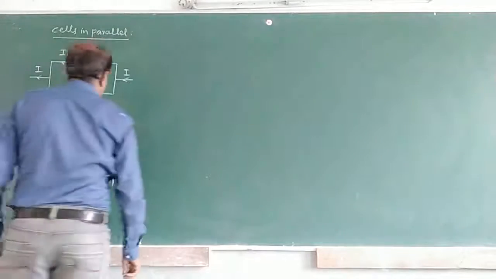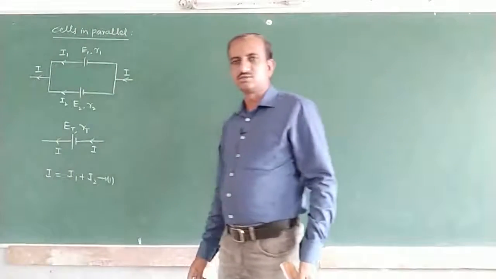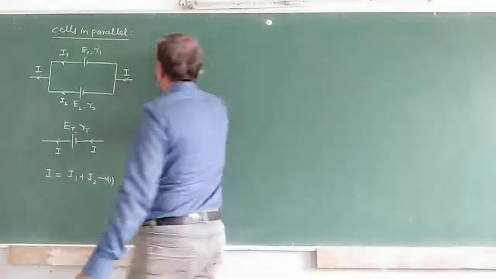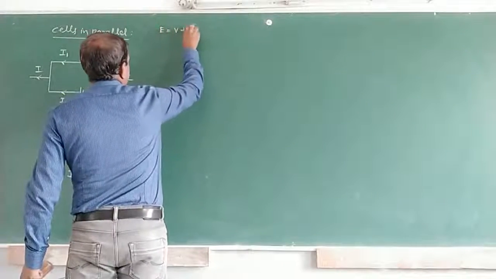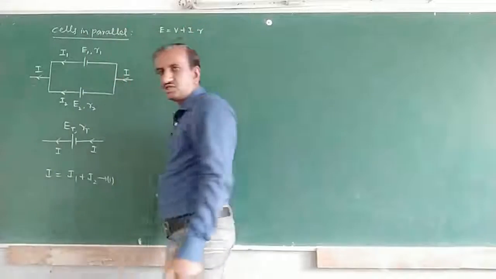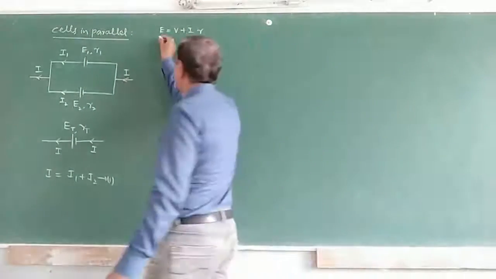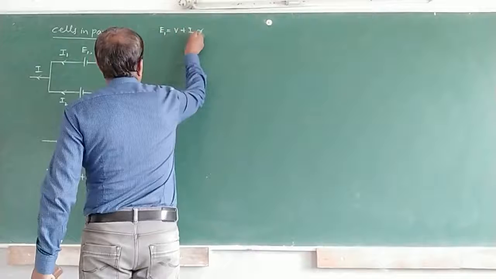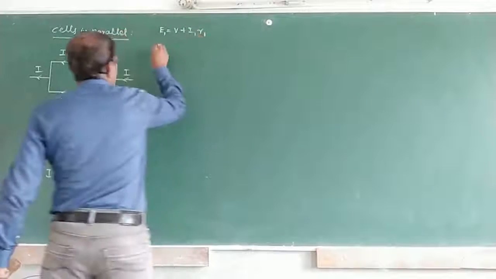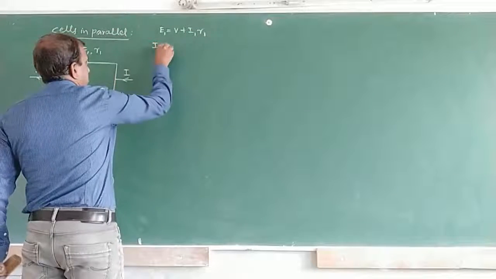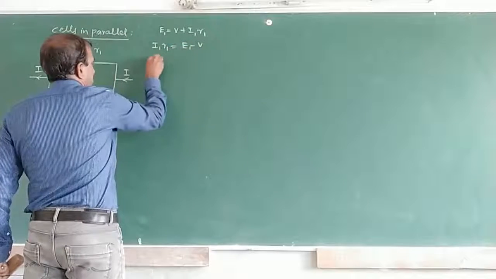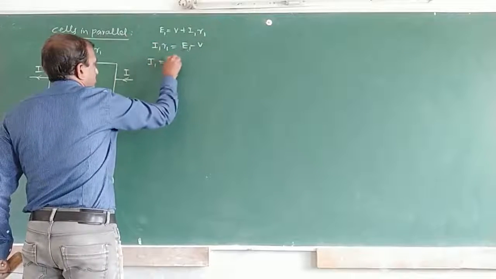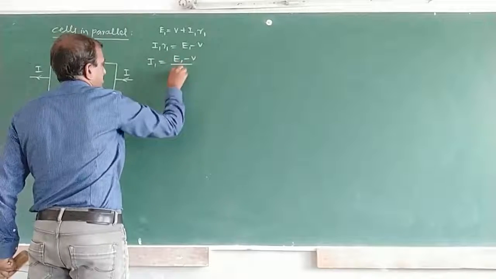What is I1? We know the relation E is equal to V plus I into R. This can be written as E1 is equal to V plus I1 into R1, or I1 R1 is equal to E1 minus V, or I1 is equal to E1 minus V divided by R1.